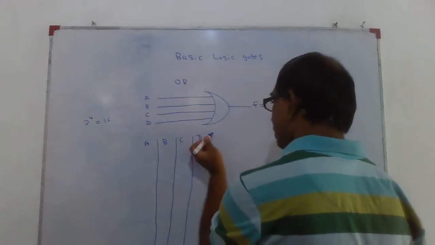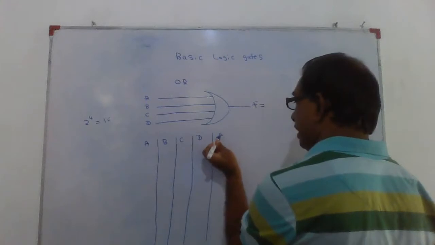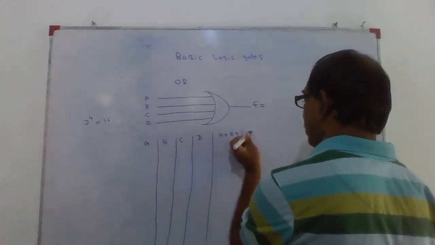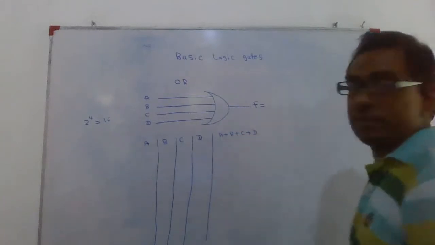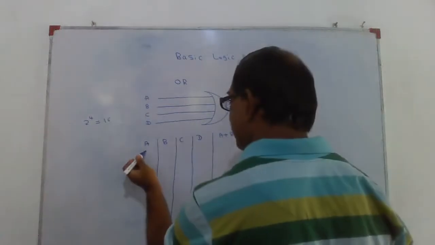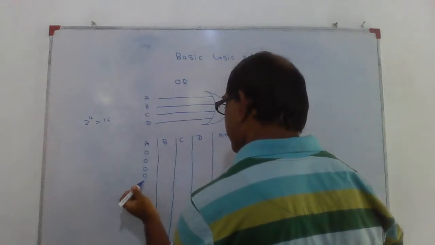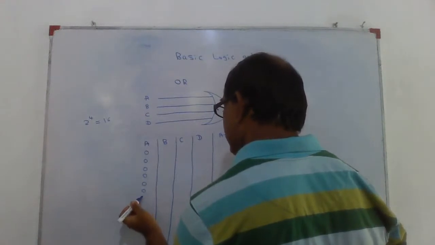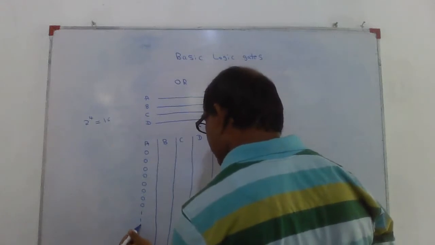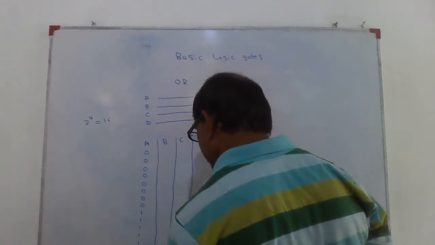What about the output? Output can be A OR B OR C OR D. So it can be 8 zeros and 8 ones.